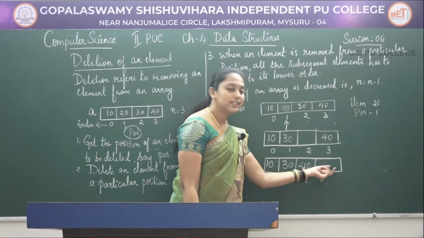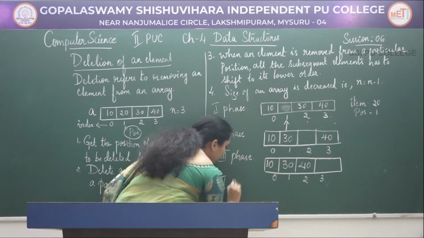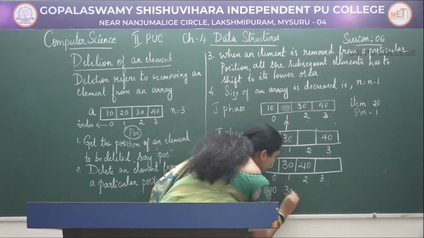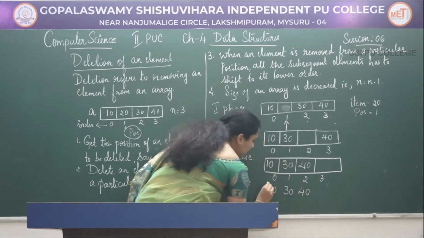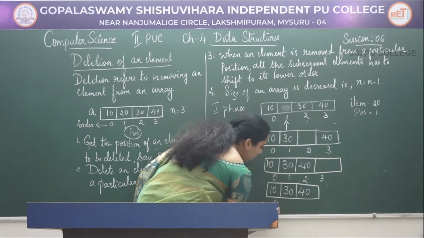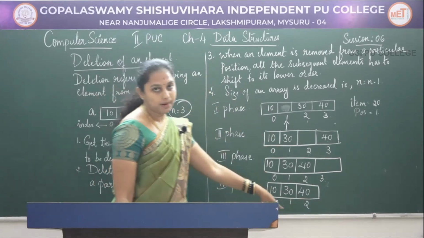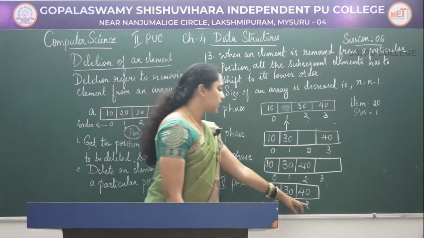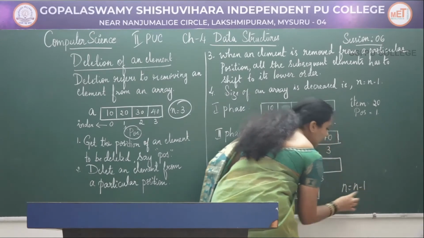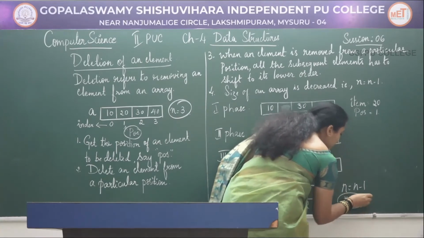So, we are going to discard this position. So, in the fourth phase, the array A contains only the elements 10, 30 and 40. After deleting an element from an array, the array size is reduced by 1. That is, n is equal to n minus 1, which is nothing but n is equal to 2.